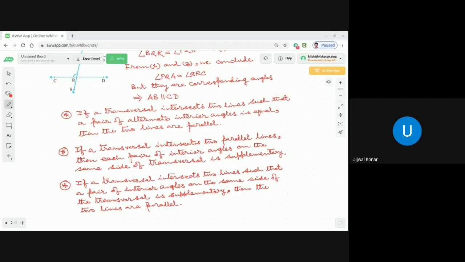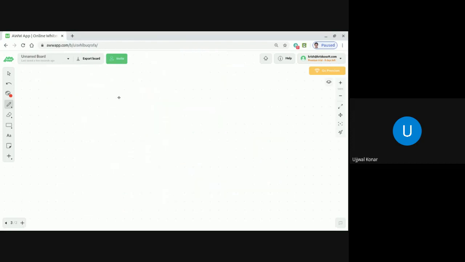So now the next point I'm going to discuss, dear students, is the lines parallel to the same line. Let us understand this by first drawing a diagram, then I will explain. Let me go to the next page and explain.